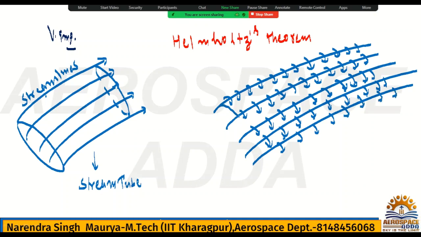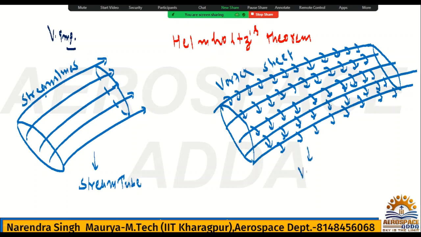These are the vortex sheets, and this is nothing but the vortex tube.